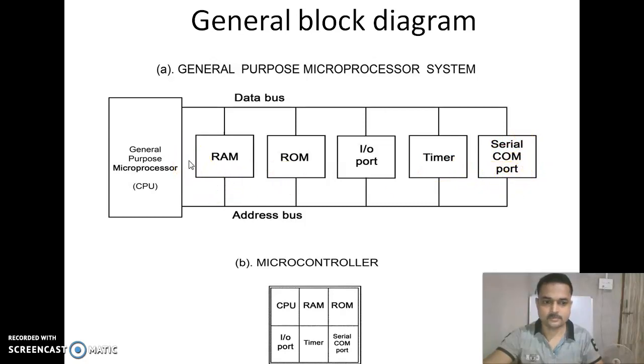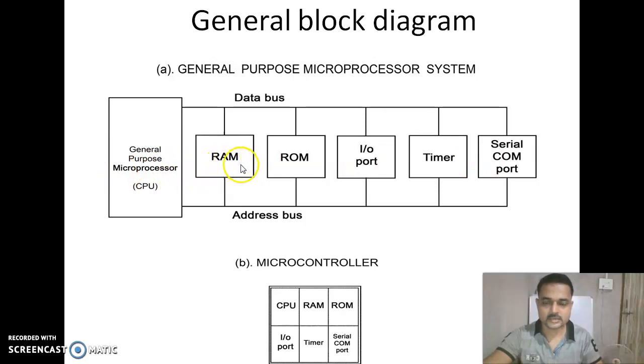So in case of microprocessor, RAM, ROM, IO port, timer, and serial communication port are required externally, because they are not available on chip.